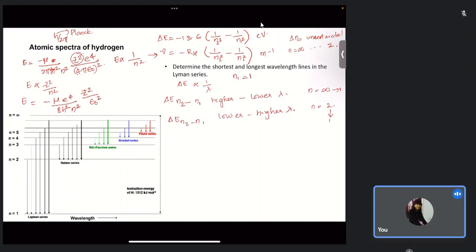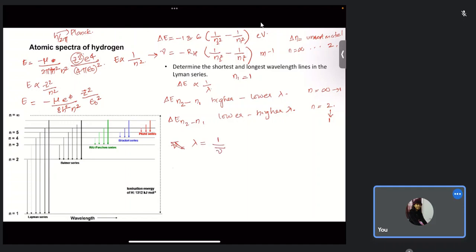I'm going to do it by finding the wave number first. We know that lambda is 1 divided by the wave number.